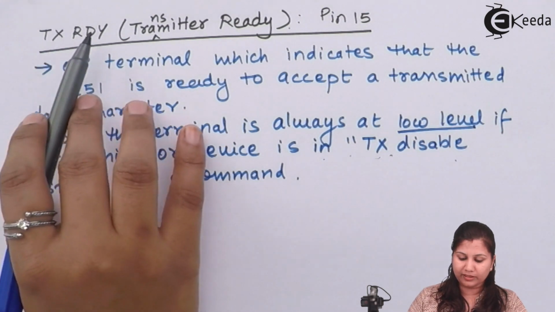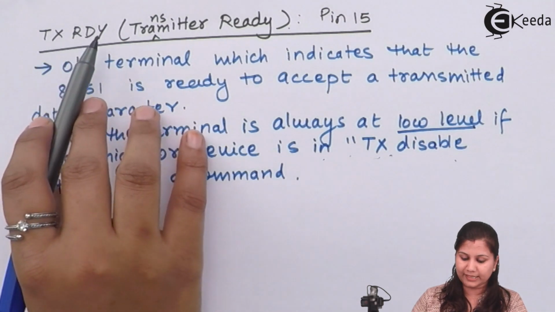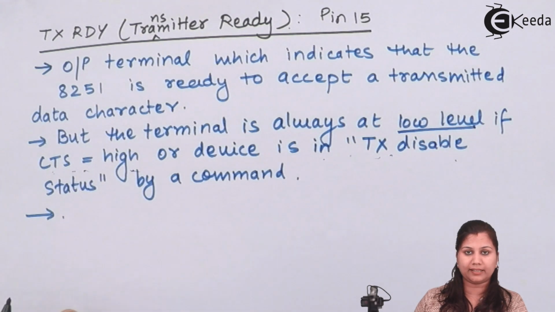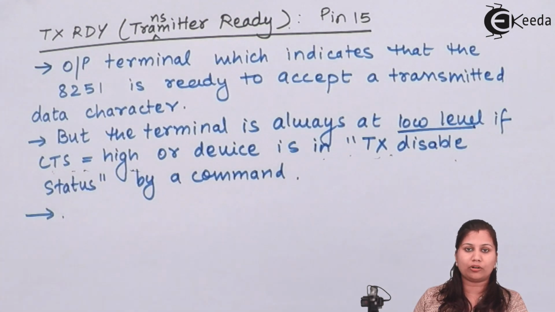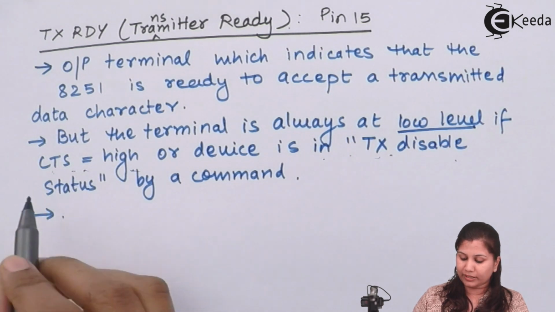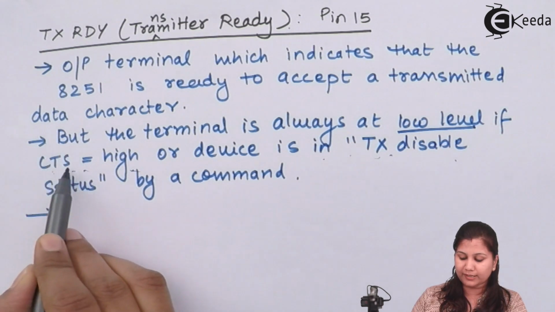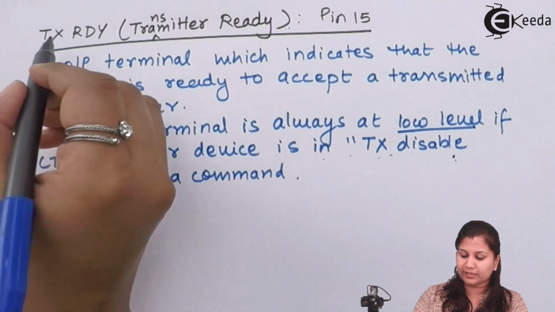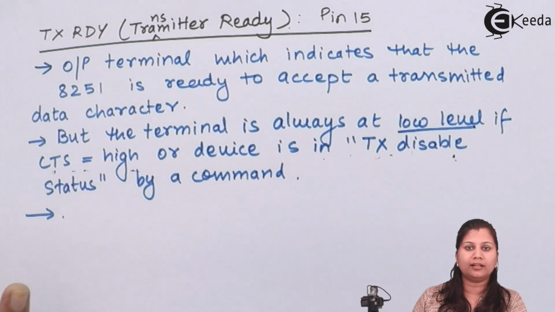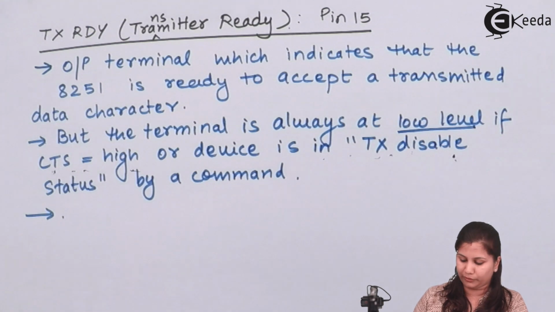Now this transmitter ready signal indicates whether the transmit data character can be received or not, regardless of the status of this CTS and this TX disabled command. This is just indicating whether the transmitted data is receivable by the 8251 or not.